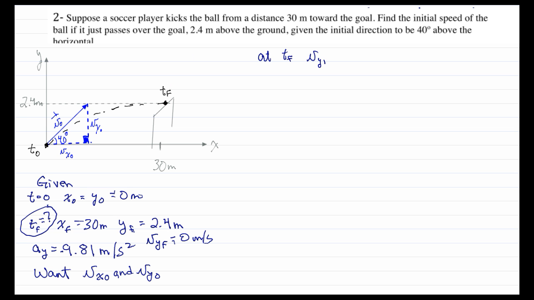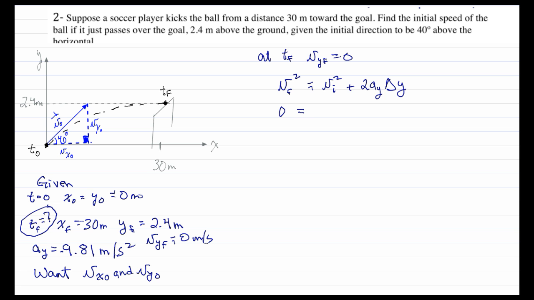v y final is 0, and we have the following kinematics equation. v final squared is equal to v initial squared plus 2 times our acceleration times our displacement in the y direction. The final velocity in the y direction was 0.